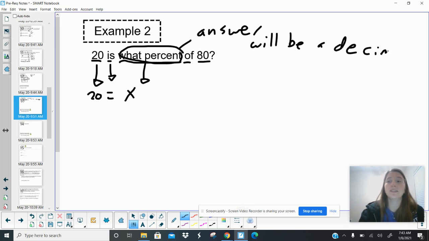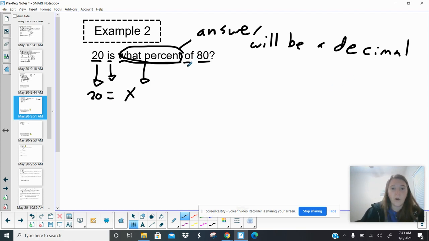When we see percents in the calculator, like if our answer should be a percent, in the calculator, they come out as decimals because that's how we work with percents in a calculator. So if you don't get a decimal or a small decimal for this answer, then you know you did something wrong. So that's our x.